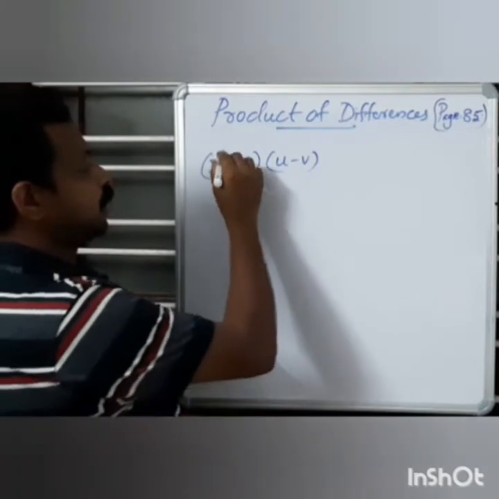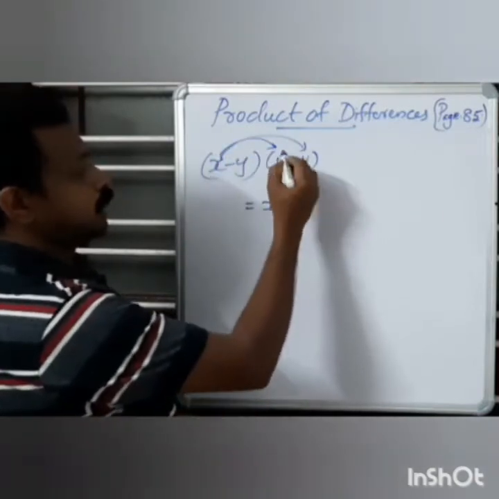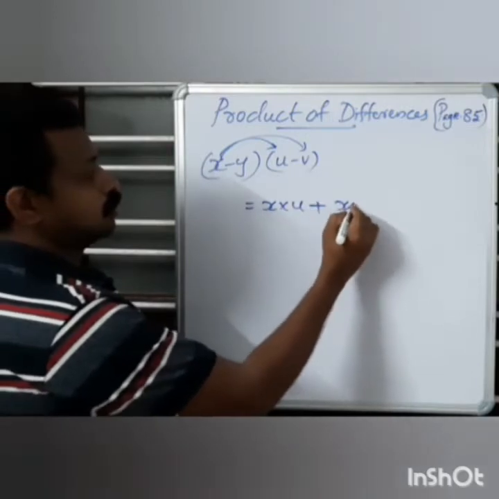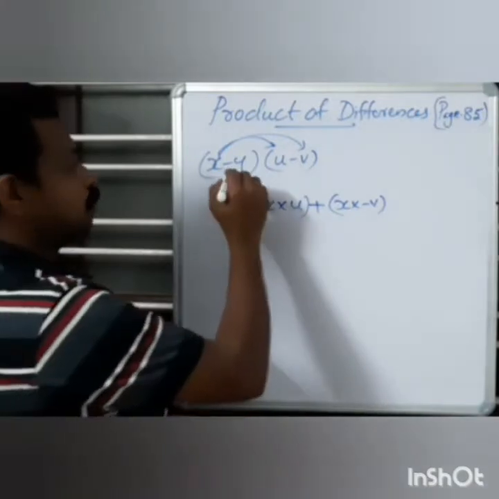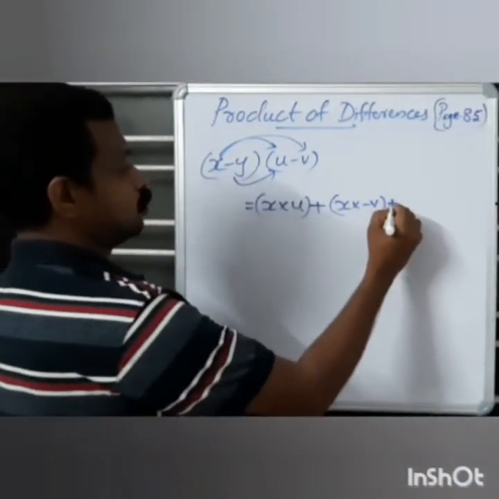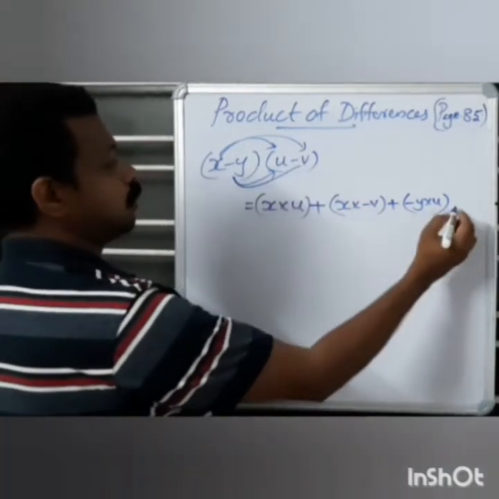The general form of the equation, x minus y into u minus v. So you can write as x into u, x into minus v, then minus y into u, minus y into minus v.